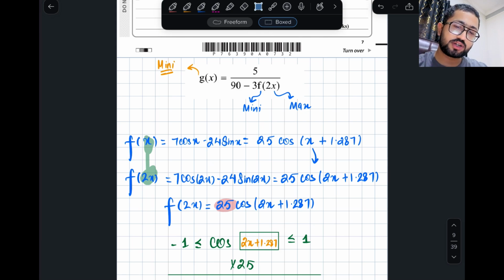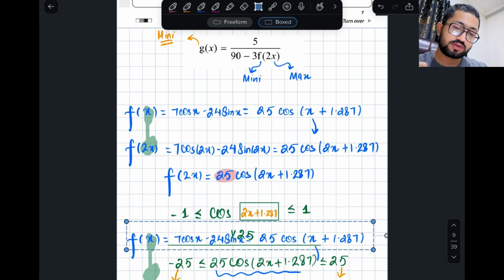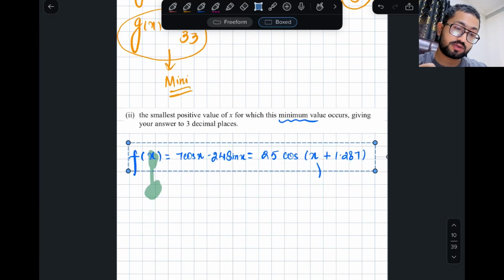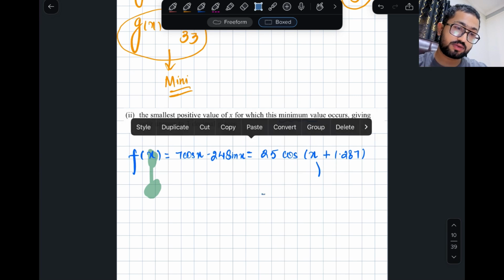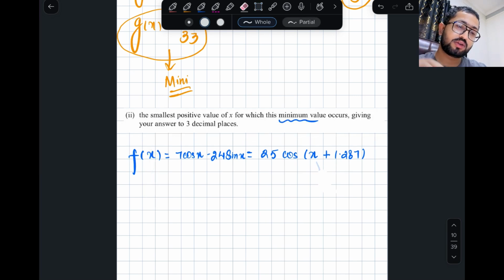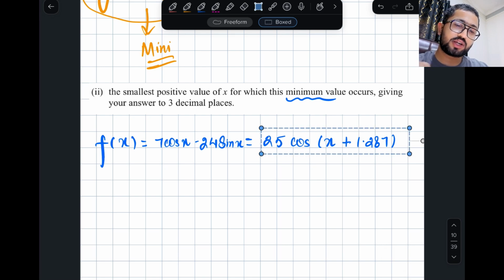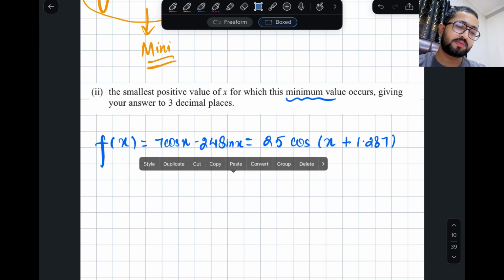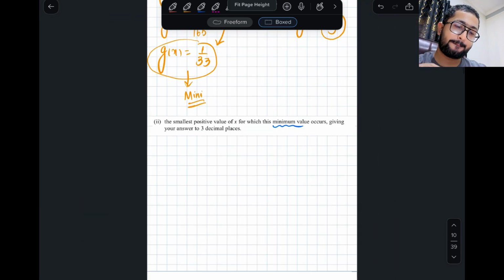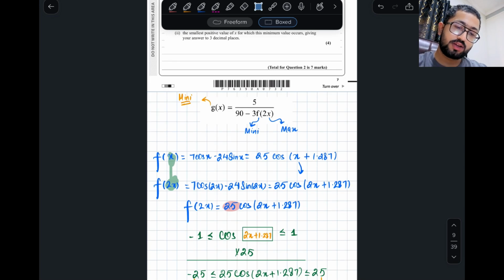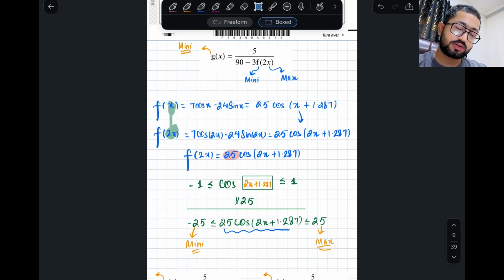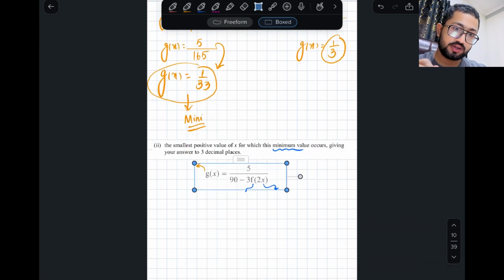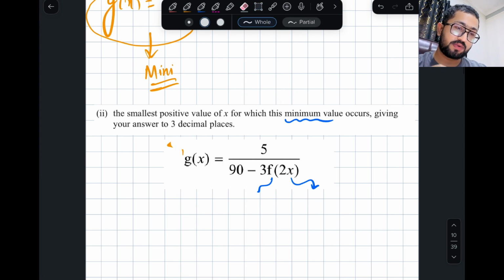Put your original function equal to the minimum value. Oh sorry, it's my mistake. I have to talk about g of x. He is talking about g of x. Find the smallest value of x when g of x has the minimum value.